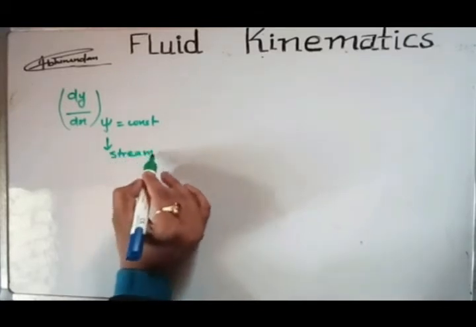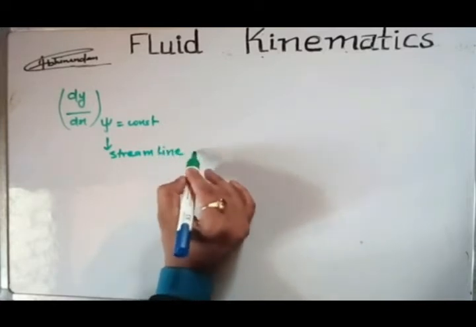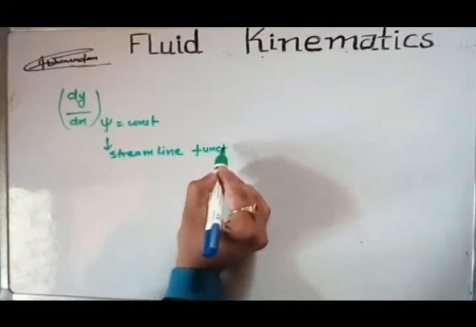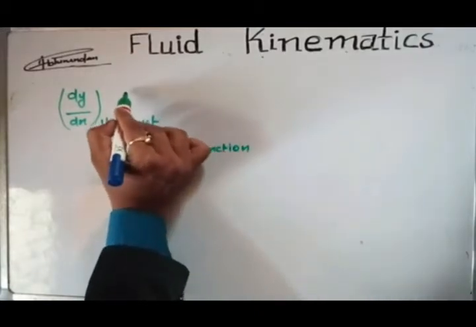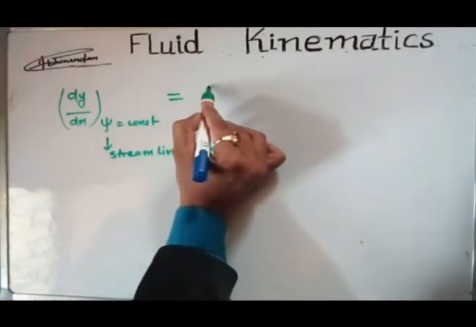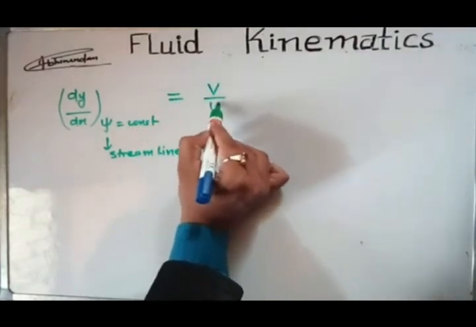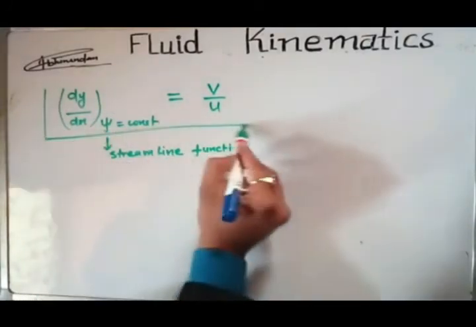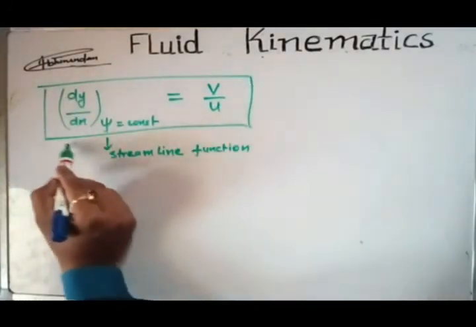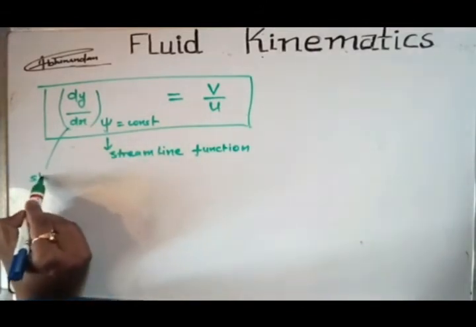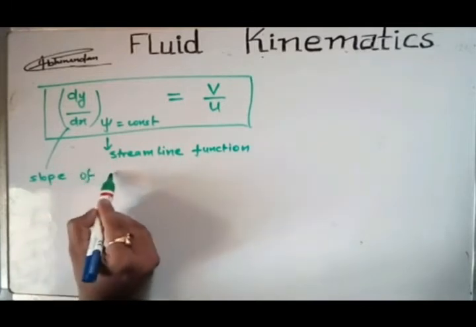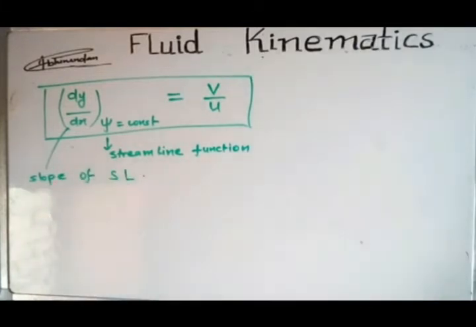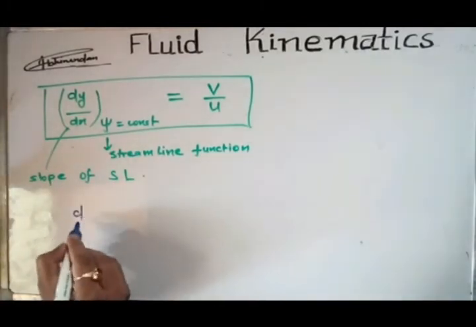This is our streamline function which is denoted by psi. This will be equal to v upon u. This is the slope of streamline. And in case of streamline, psi is constant.